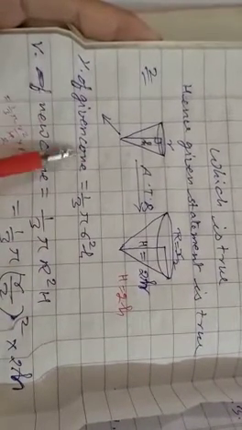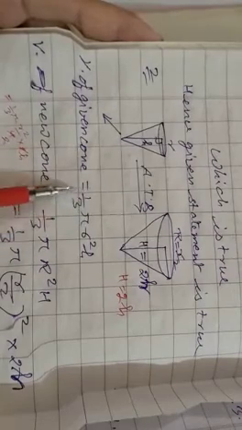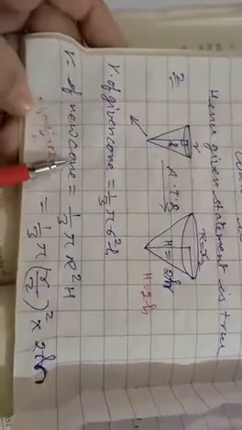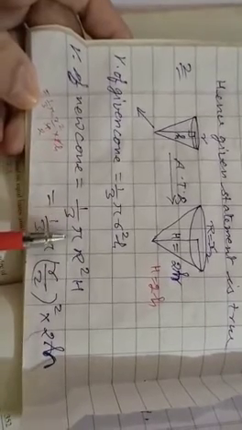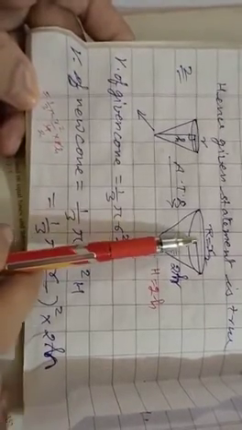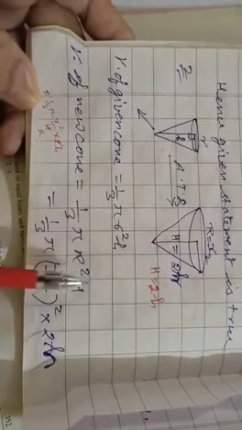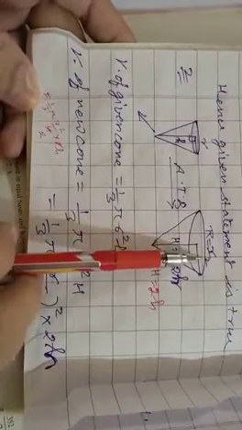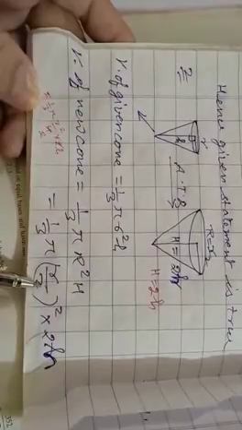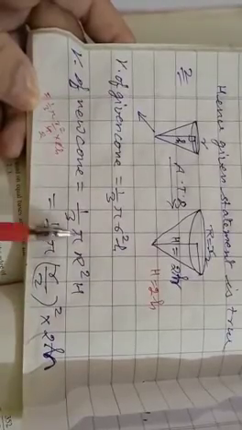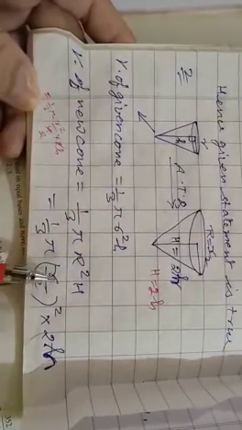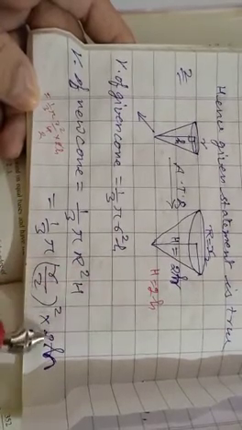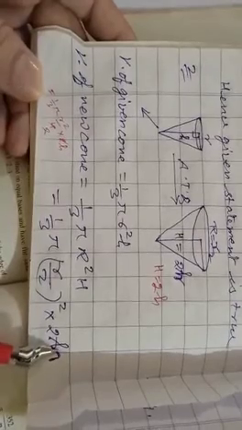This is the formula for the volume of the given cone: 1/3 pi r square h. Volume of new cone equals 1/3 pi capital R square into capital H. The value of capital R is r/2, so we write r/2 whole square, and the value of capital H is 2h.